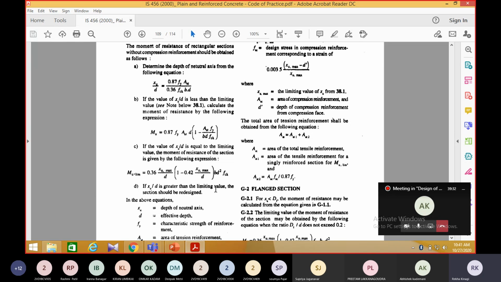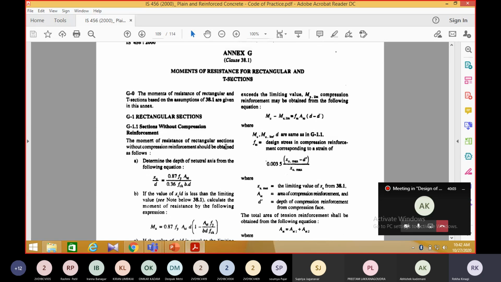But here we are not going to redesign the section, we are going to make it a doubly reinforced section, so that both section 1 and section 2 will be under reinforced. So we are going to design it as a doubly reinforced rectangular section beam, wherein the first section is going to sustain a moment of Mu limit and the second section is going to sustain a moment of Mu minus Mu limit.